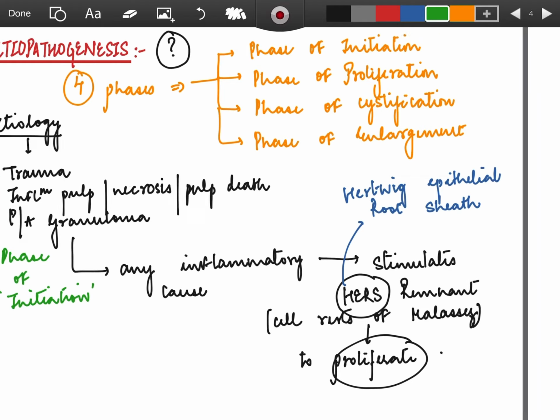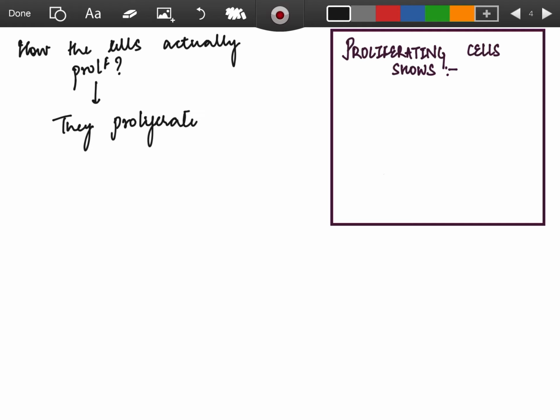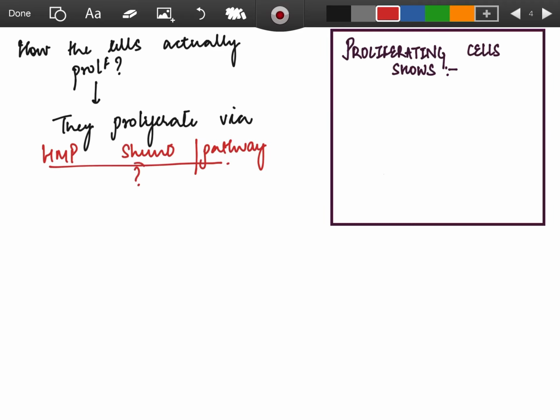Now coming to the next phase, but before that the question arises: how do the cells actually proliferate? Proliferating cells proliferate via the HMP shunt or HMP pathway. How?